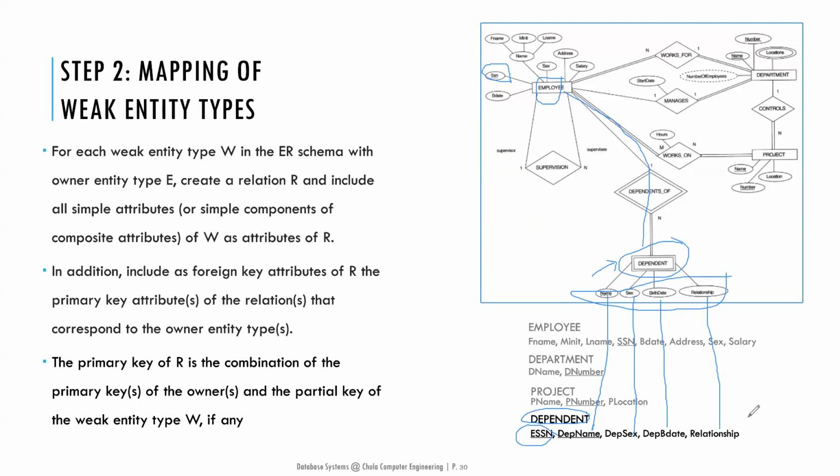So I put these in here. And now what I need to do next is set it as foreign key. So I must draw a line to signify this. Get it? So this shows the foreign key relationship. I create an ESSN, which is the primary key from that employee or the owner entity type. And you have to draw the line here, but I didn't show the line on the slide that I gave you.